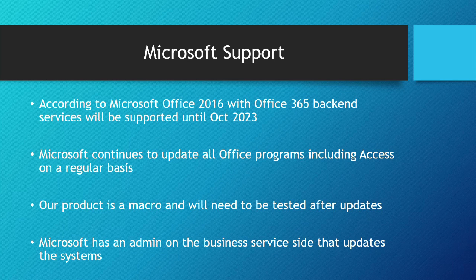As our target is a macro, there will be times in which it will need to be tested after updates to ensure that it continues to work properly. Microsoft has an admin on the business service side who will deal with the Microsoft software updates.